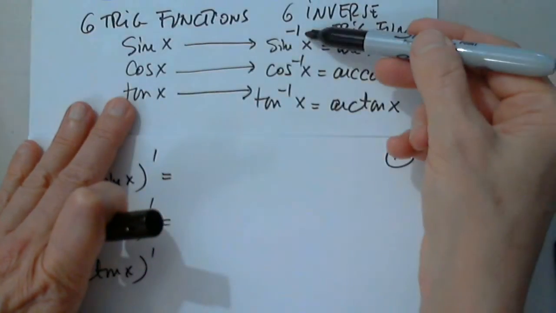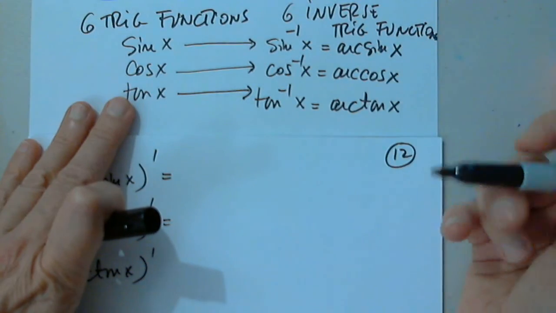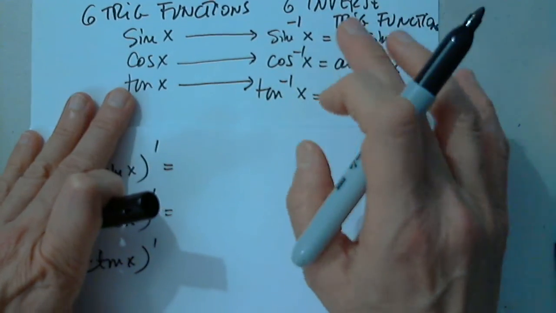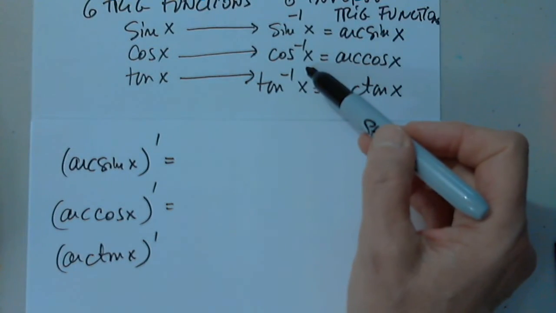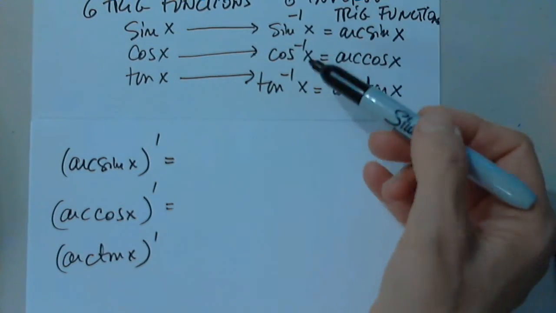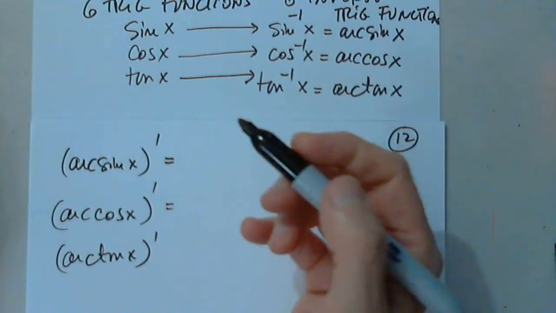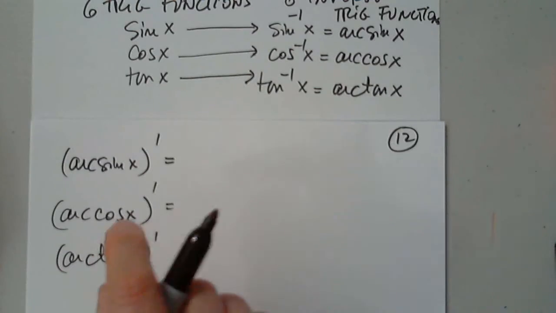I normally avoid this notation, even typing. For me, it's easier to type this than to put the power. And secondly, it could be confusing, but it's a very important notation. The calculator doesn't use this, it uses that.